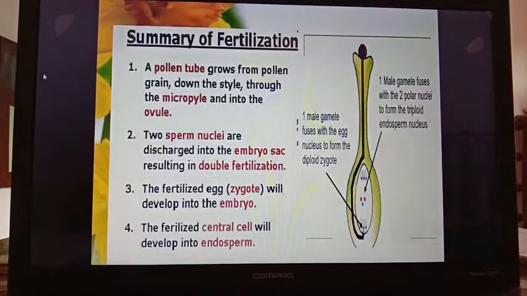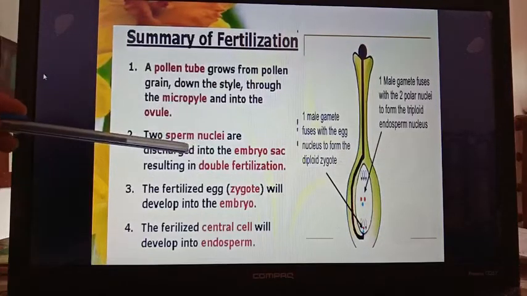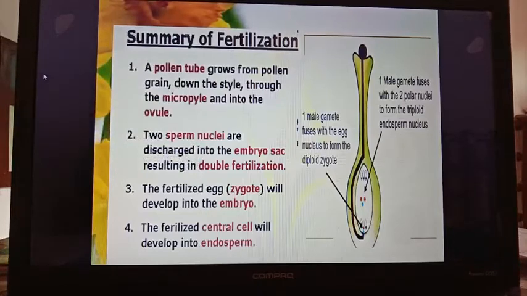These are discharged into the embryo sac, resulting in double fertilization. Double fertilization means two types of fertilization are there simultaneously inside the embryo sac.